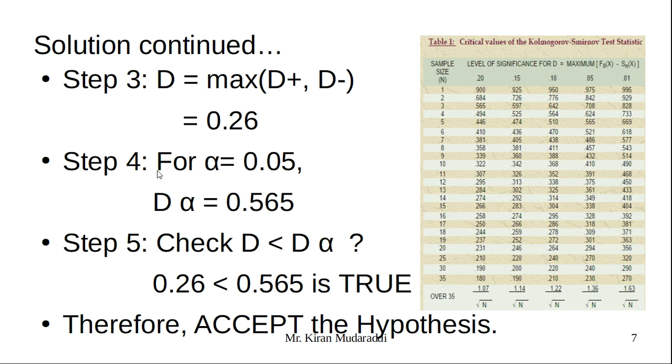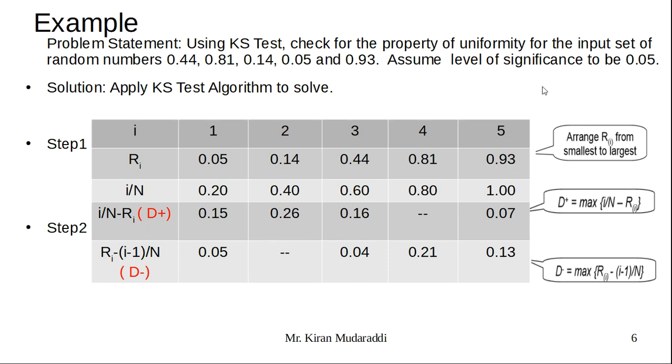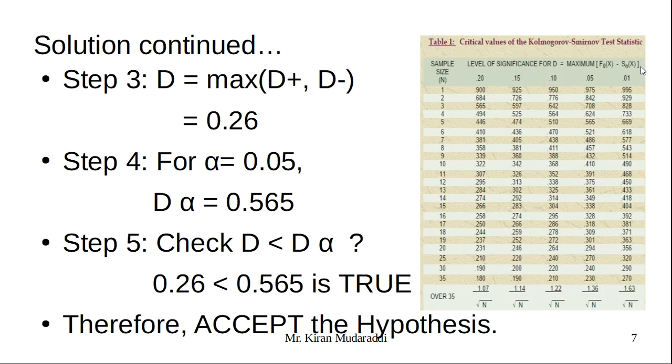In step 4, the alpha value is given in the problem statement, that is the level of significance 0.05. From a standard table given by Kolmogorov and Smirnov, it is called the Kolmogorov Smirnov table. So what is the n value? 5 here, and the level of significance is 0.05. You just drag it here like this, and the answer is 0.565.